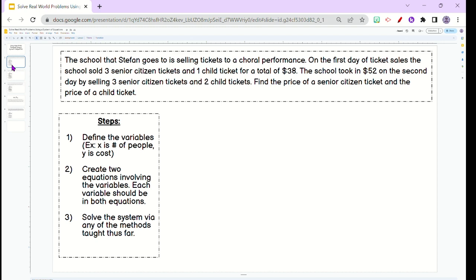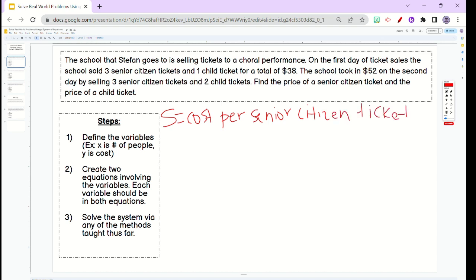Alright, so I have your 3 steps here that you need to do. Step 1 is to define the variables, which just means that you need to write out what your variables mean. We are looking for the price of a senior citizen ticket, so I'm going to say S is the cost per senior citizen ticket.